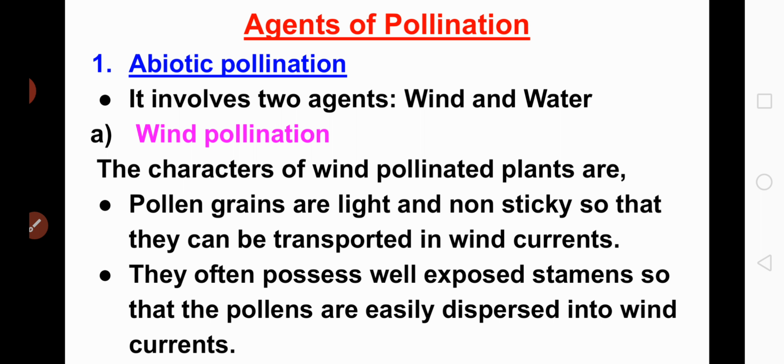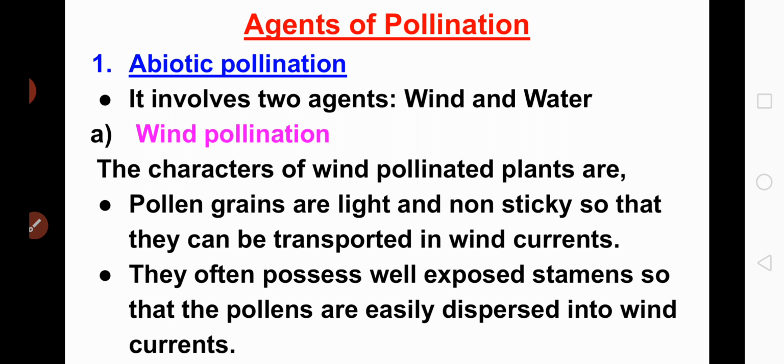Coming to the characters of wind pollinated plants: the pollen grains are lighter in weight and non-sticky, so that they can be transported in wind currents. The second character is, they often possess well exposed stamens, so that the pollen is easily dispersed into the wind currents. So these are the characters of wind pollinated plants. The first character is that the pollen grains are lighter in weight and non-sticky, so that they can be transported in wind currents.